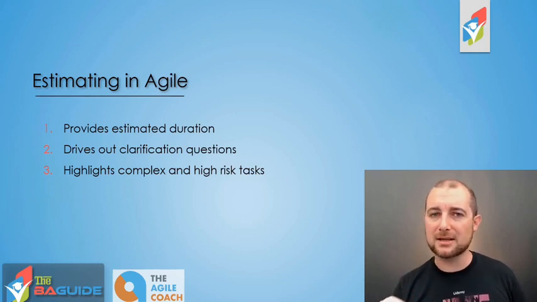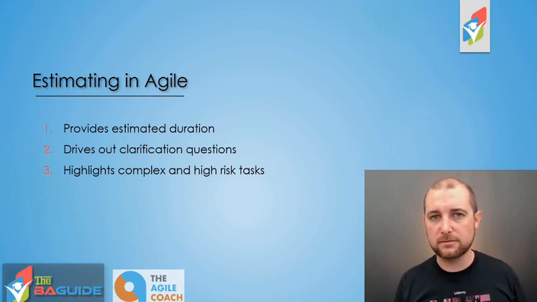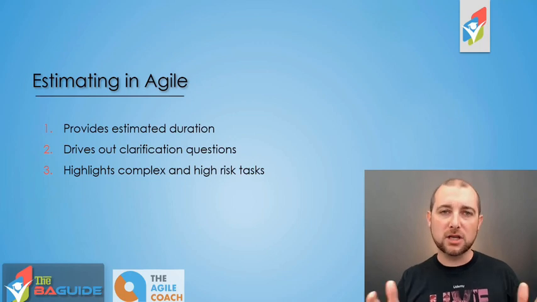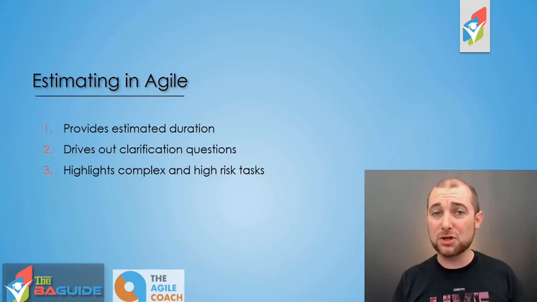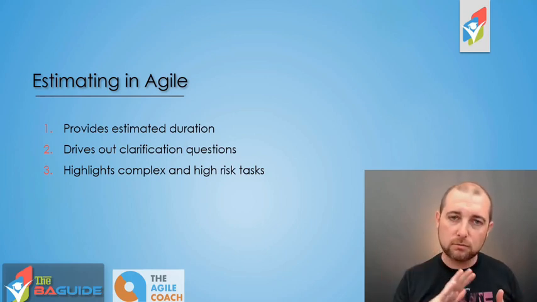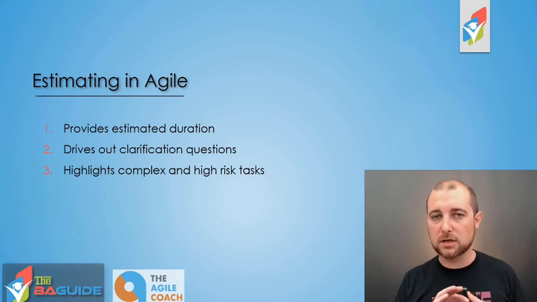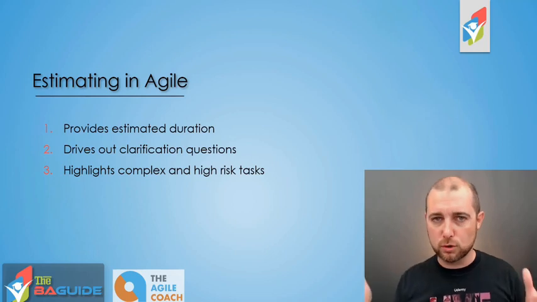The second thing that estimating does for you is it helps to drive out clarification questions. When you're asking somebody to commit an estimate for a particular task, they're going to spend a little bit extra time making sure that they read the feature, they read all those requirements, they read the acceptance criteria, and they have a good understanding of how they would go to accomplish this particular feature.